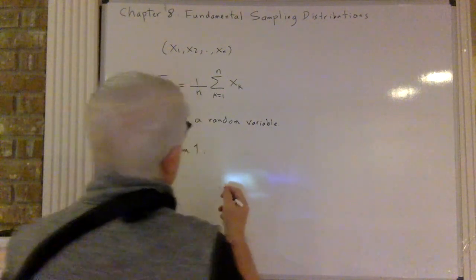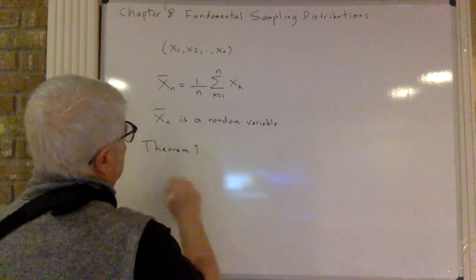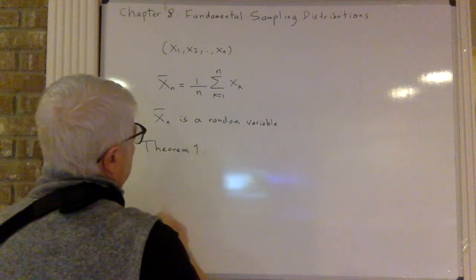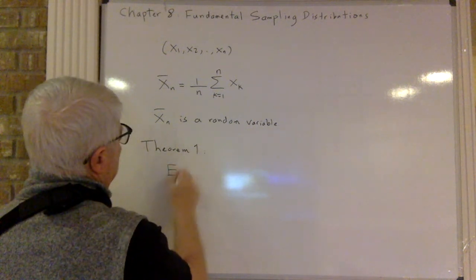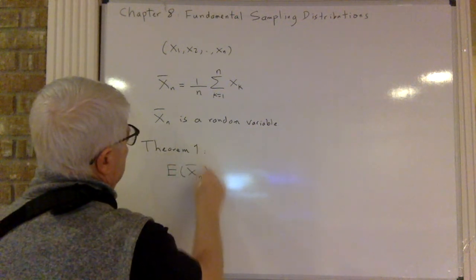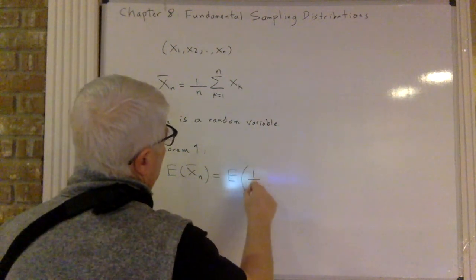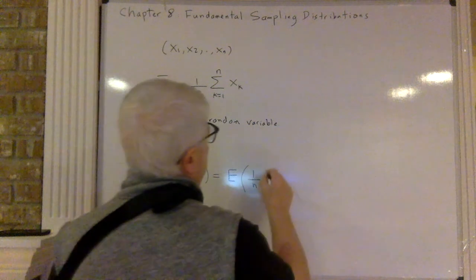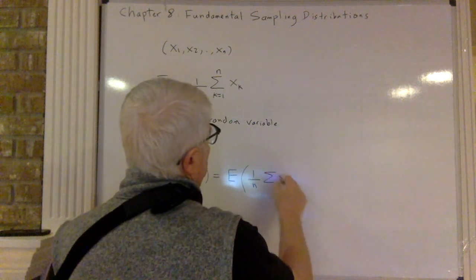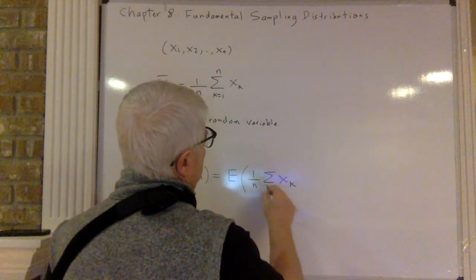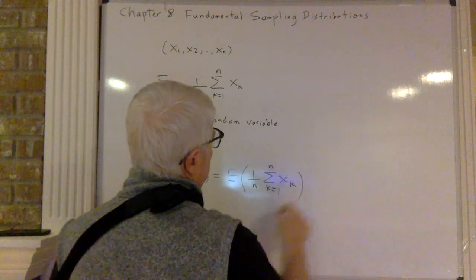So let's find the mean of X bar. Before I say something, let me find E of X bar. That's E of 1 over n sigma xk, k from 1 to n.